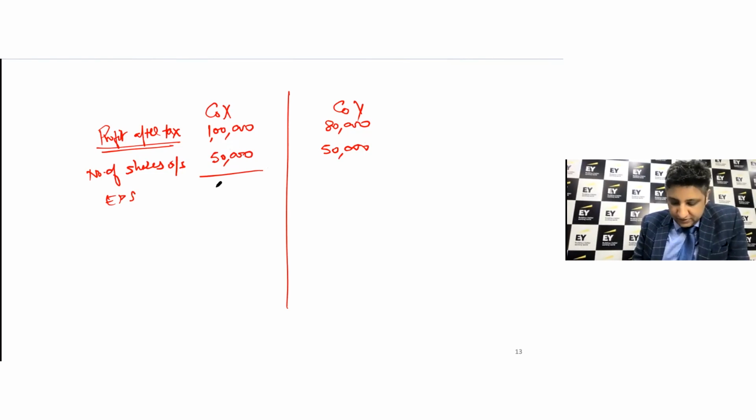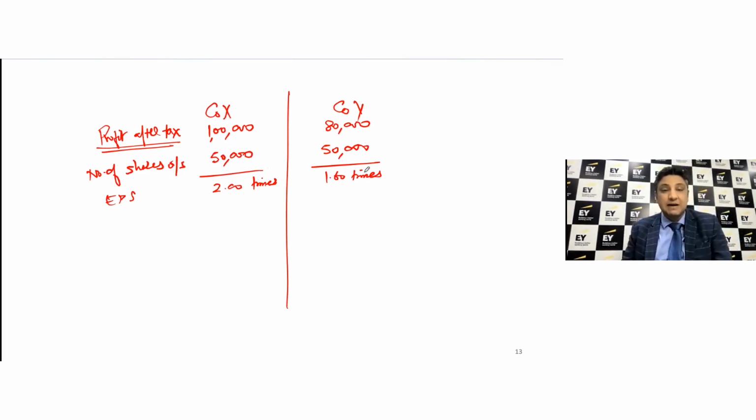I would simply say this is 2 times, and this is 1.6 times. Which company is doing better? Higher is always better, right? So we may say company X is performing better. Company X has more earnings per share than its competitor, company Y. Well, I would probably be interested in investing my money in company X.